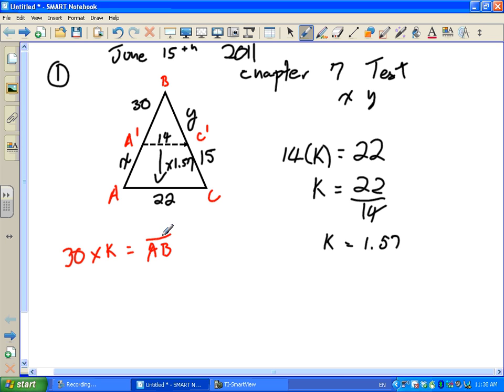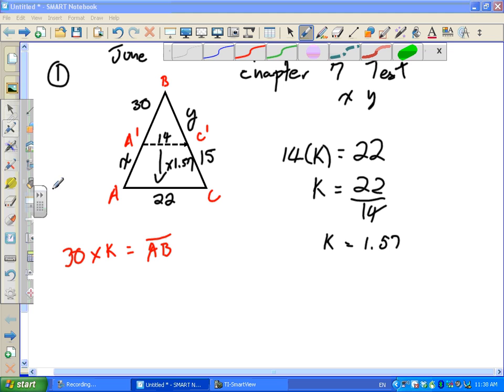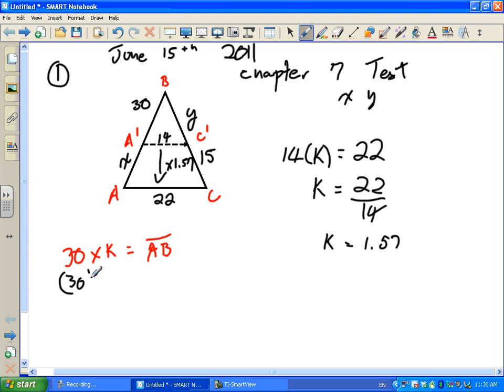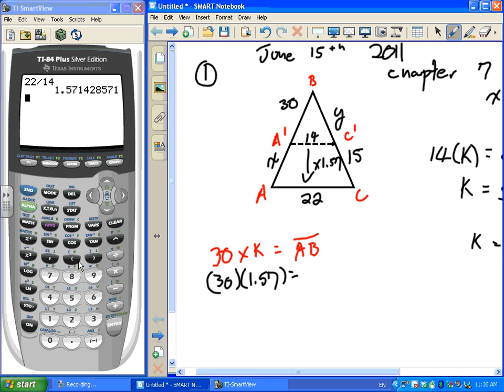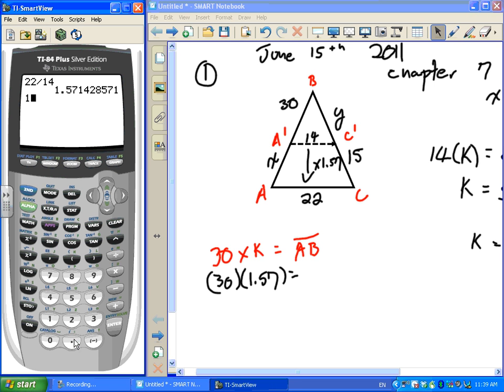So 30 multiplied by our 1.57, 1.57 times 30 equals 47.1.